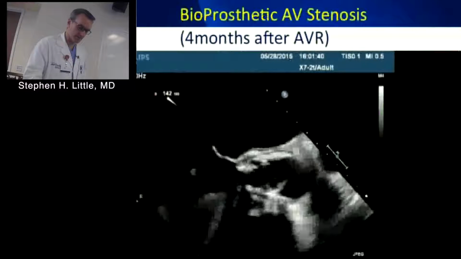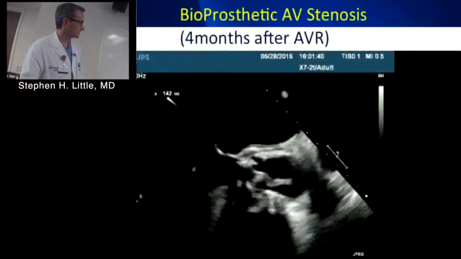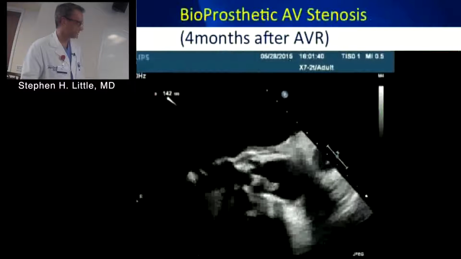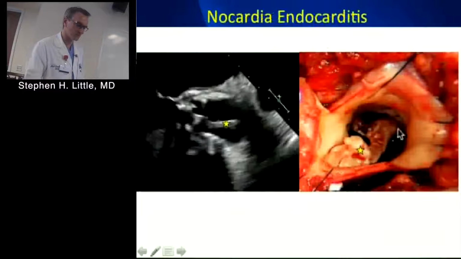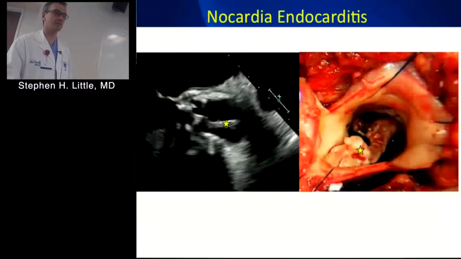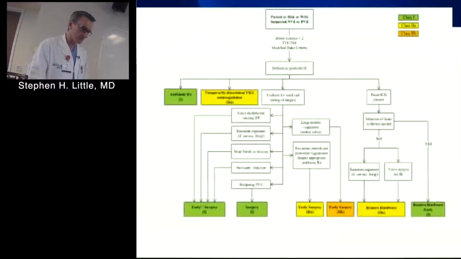For some reason, you recommended a TEE. It was clearly diagnostic, with this massive Nocardia vegetation post-op. It was huge, like 3.5 to 4 centimeters long, just flicking up into the ascending aorta. Massive vegetation.